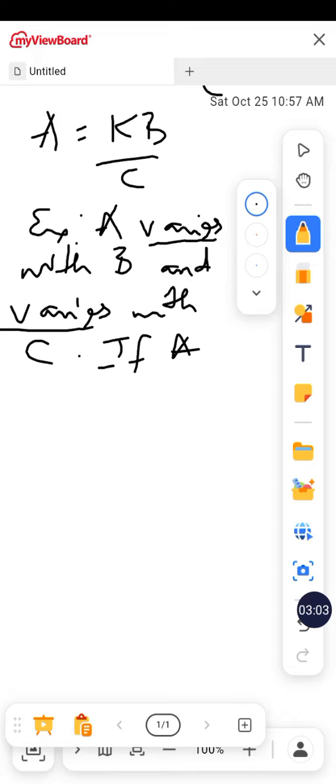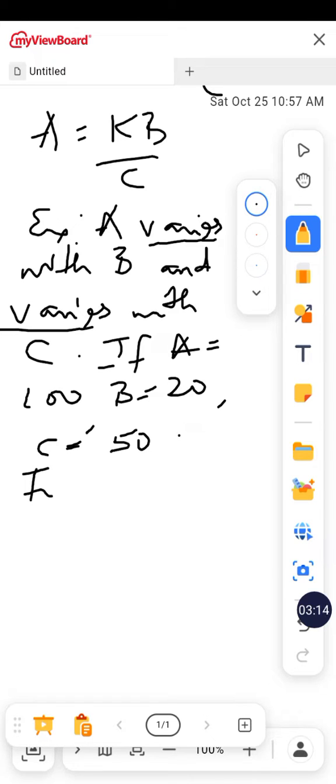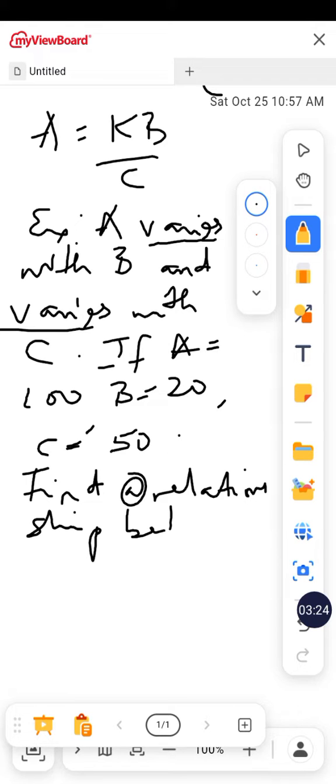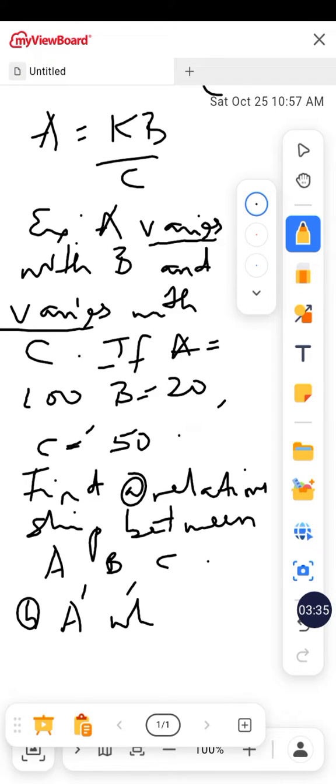If A equals 100, B equals 20, C equals 50. The very first one says find a relationship between A, B, and C. Having gotten that, B says find A when B is 200 and C is 300.